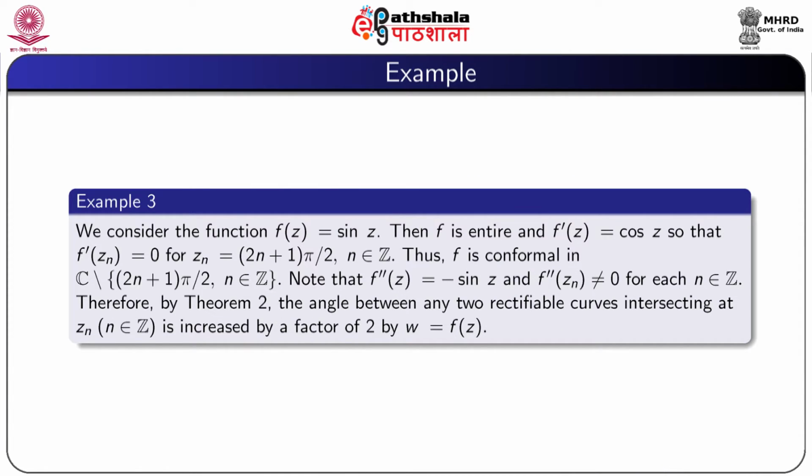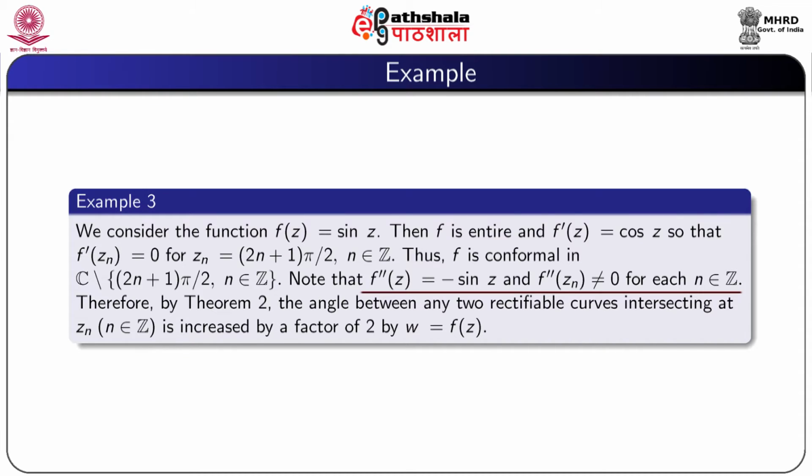Now we consider an example. Suppose f(z) = sin z, then f is entire and f'(z) is cos z, so that f'(zn) = 0 for zn = (2n + 1)π/2, where n is any integer. Thus, f is conformal in C except at the points (2n + 1)π/2.